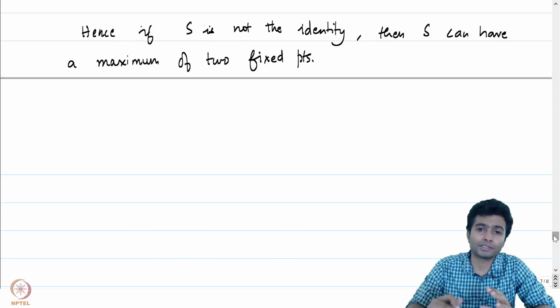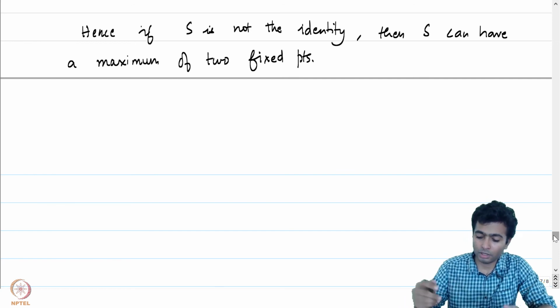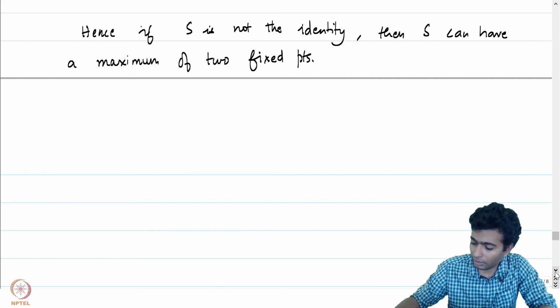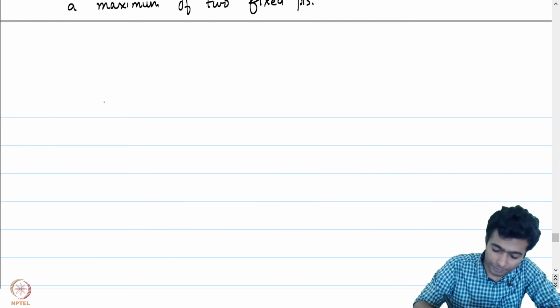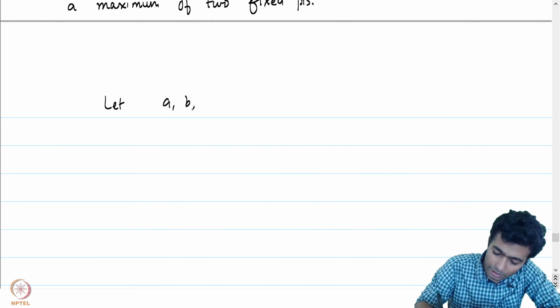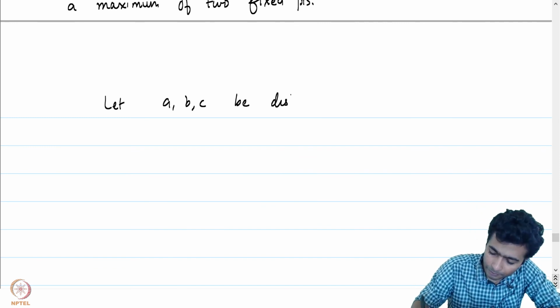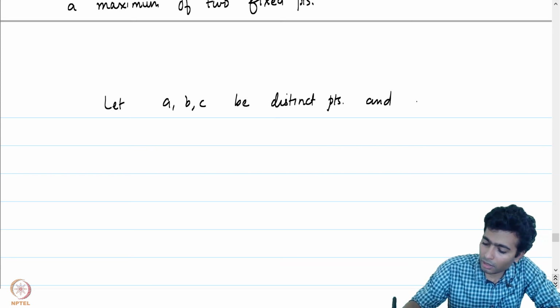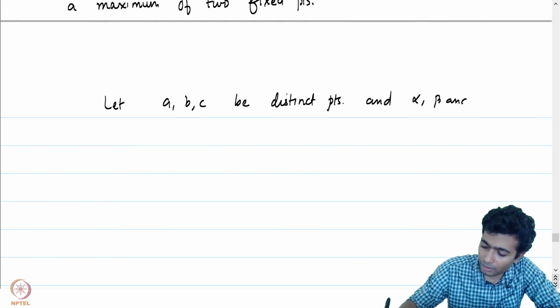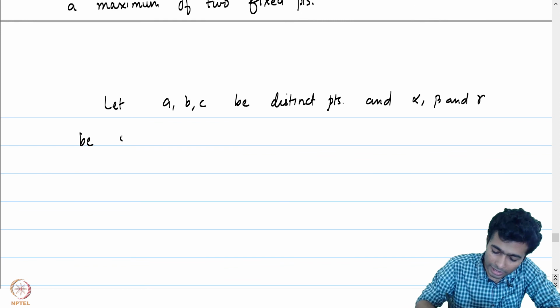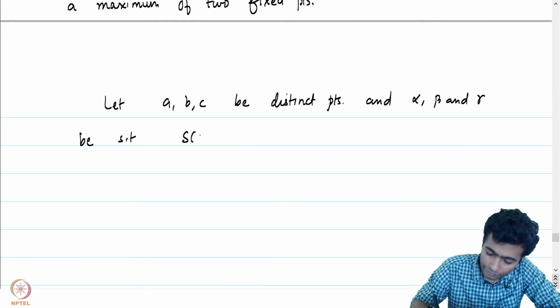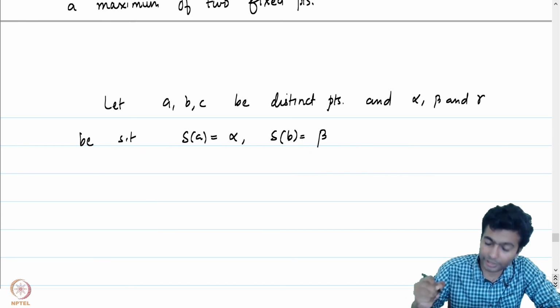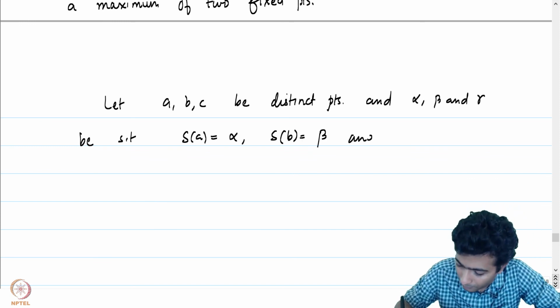This observation has far-reaching implications, because if you take 3 points, let A, B, C be distinct points, and let alpha, beta and gamma be such that S of A is equal to alpha, S of B is equal to beta and S of C is equal to gamma.